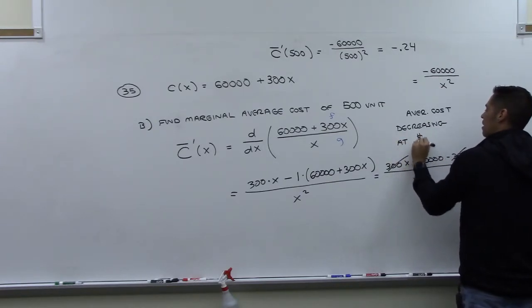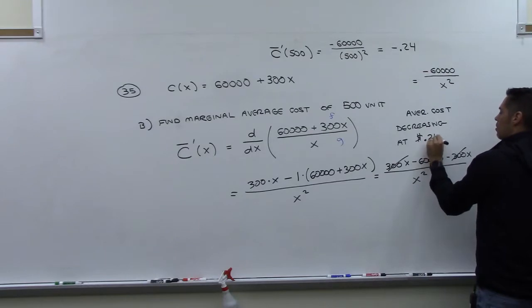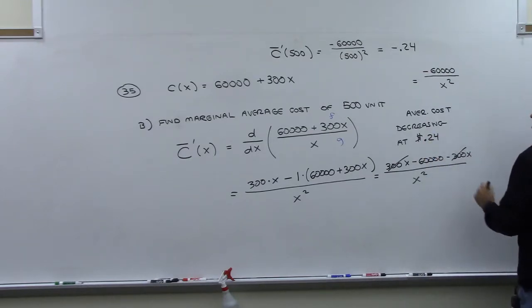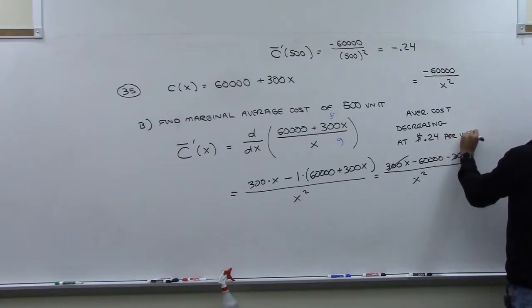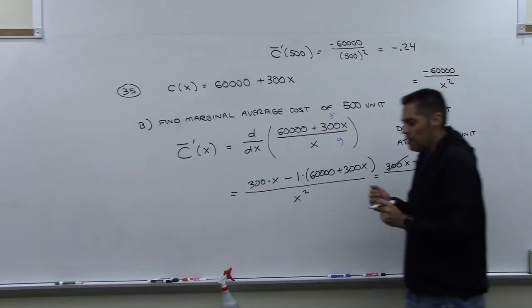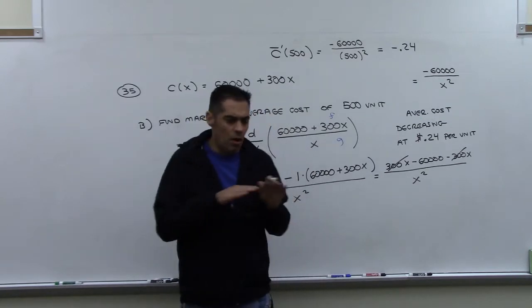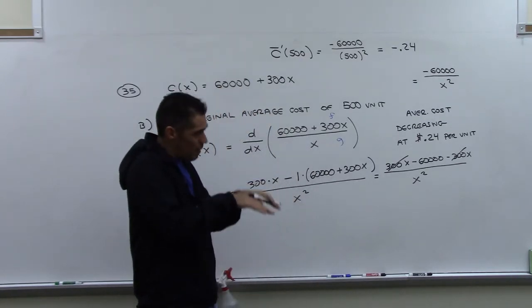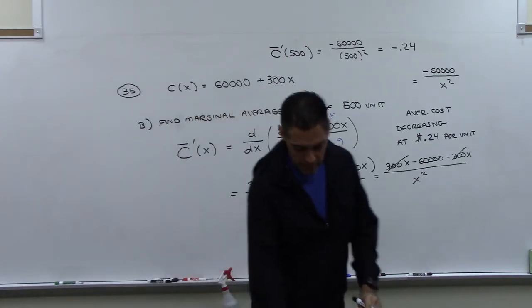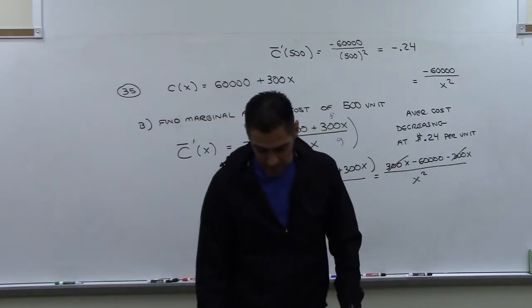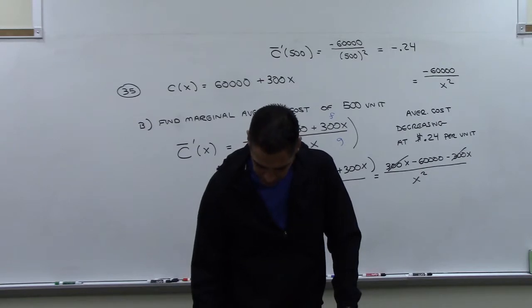Okay, so we say that $0.24, so 24 cents per unit. So as we manufacture and sell more of these, our average cost is going down. Okay, our average cost is going down, which is good for us to know that our average cost isn't going up to sell and manufacture more.